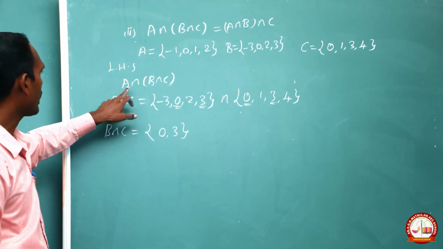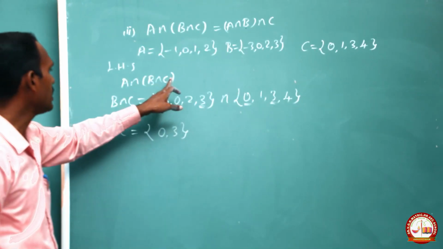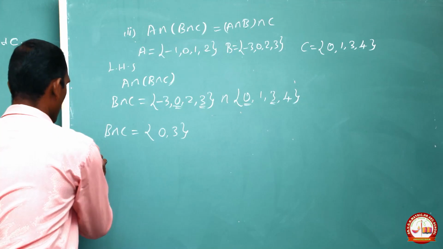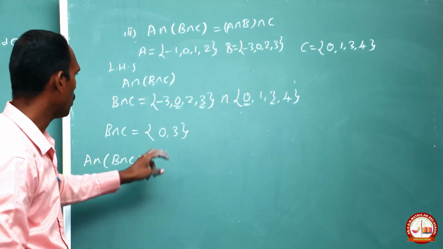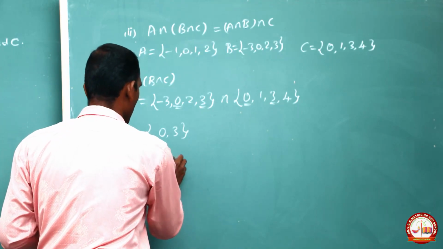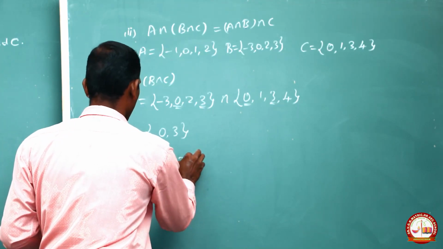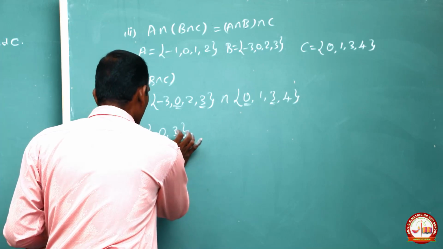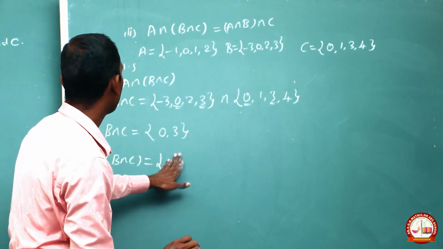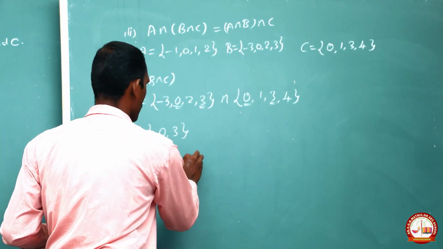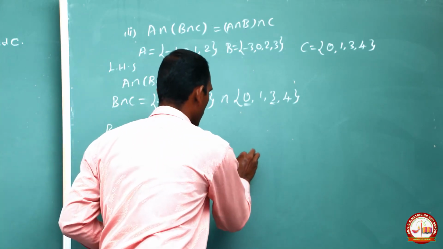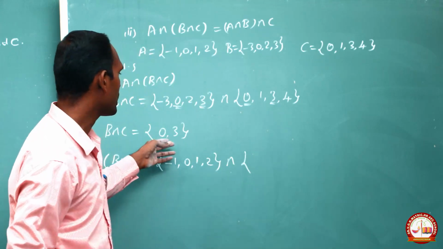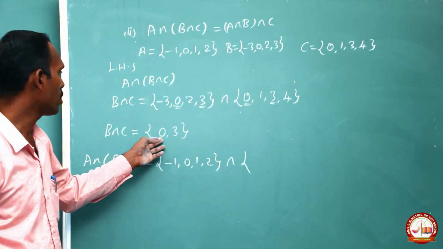Okay. Next we find A intersection B intersection C. So A intersection B intersection C equal to, we write here 0, 3. First we write the A set of elements: A is -1, 0, 1, 2 and then put the intersection symbol. Then we write B intersection C, which we already found as 0, 3.